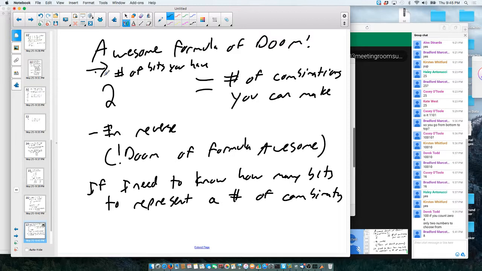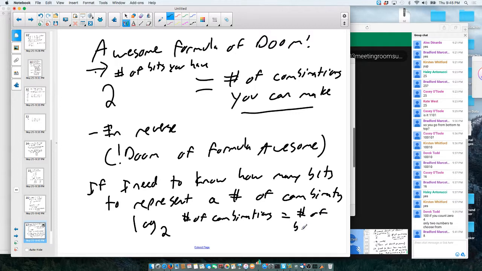I'm given this, I want to know that. Okay, and so you can say 2 to the what equals number of combinations. The math term for 2 to the what is log to the base 2. Remember logarithms? Log to the base 2 of number of combinations is number of bits you need.